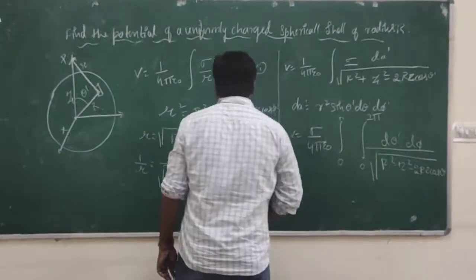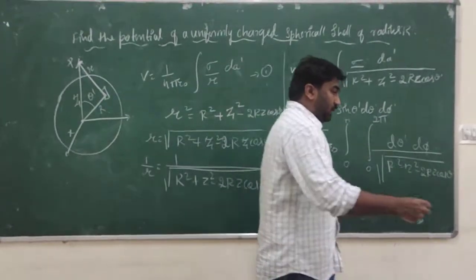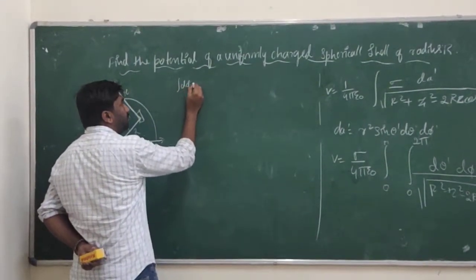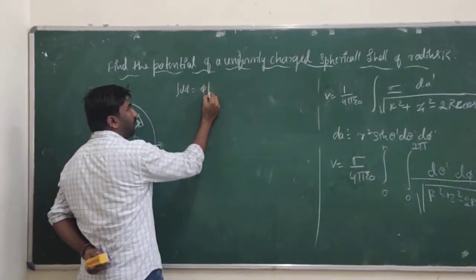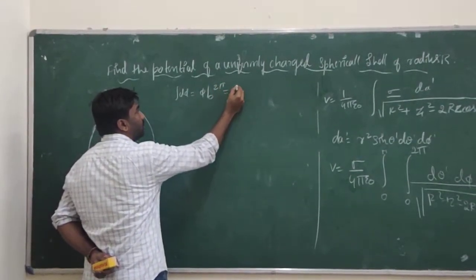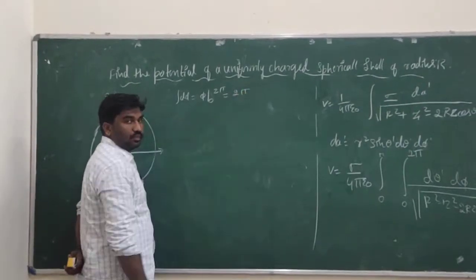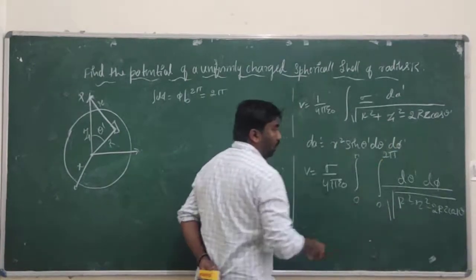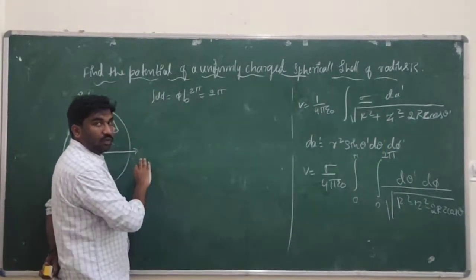If we integrate d phi, phi always varies from 0 to 2 pi, and you will get 2 pi. So for this part I am going to write directly 2 pi and take the 2 pi outside.